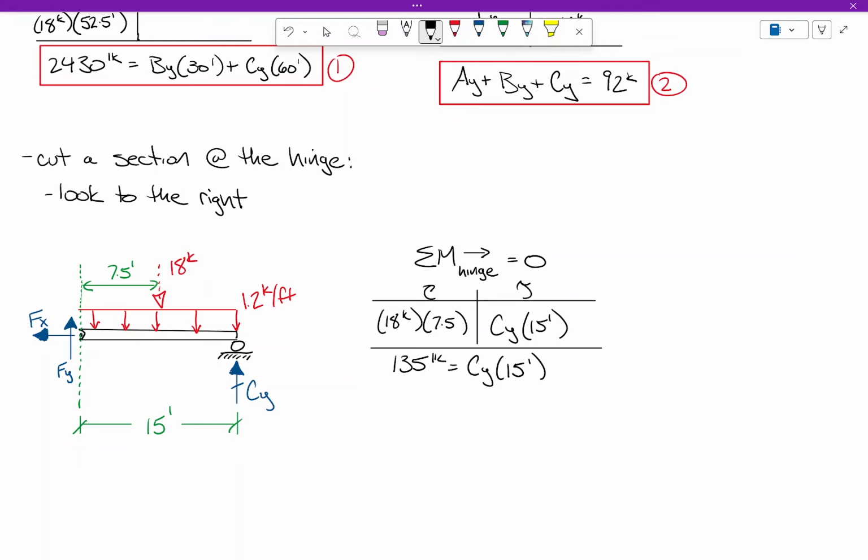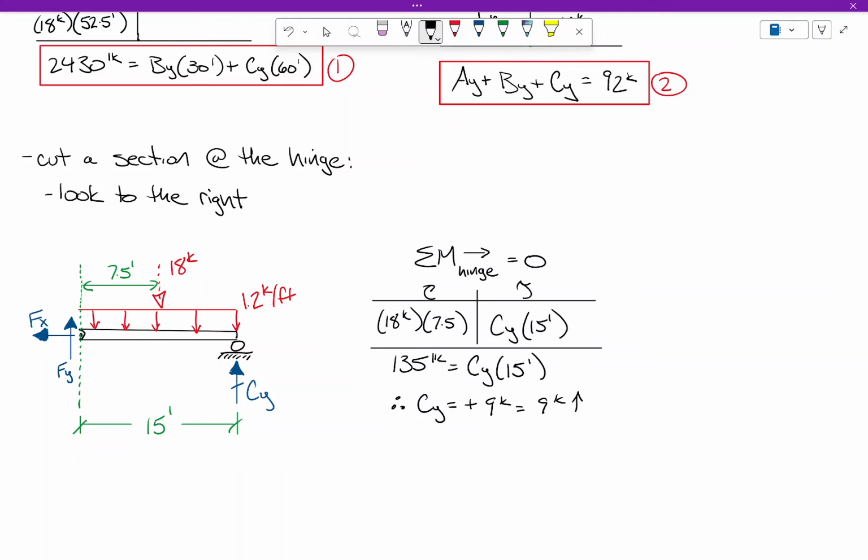Right? So therefore, Cy was 9? Yep. Okay. So we've got one of our reactions, right? That's what the hinge did for us.